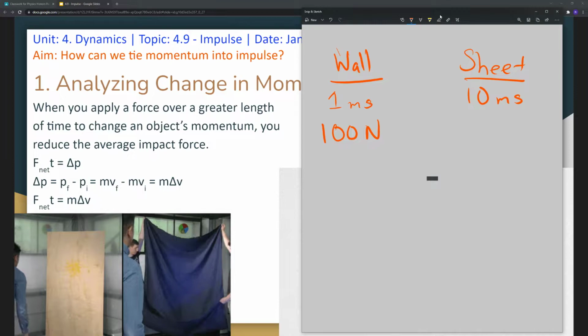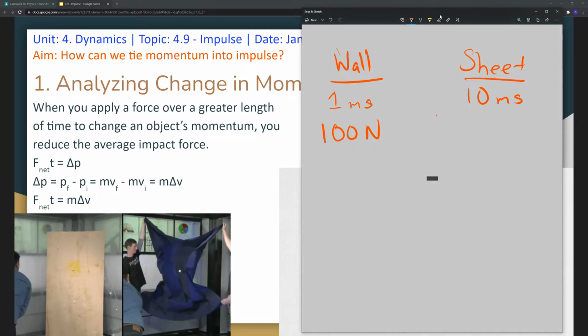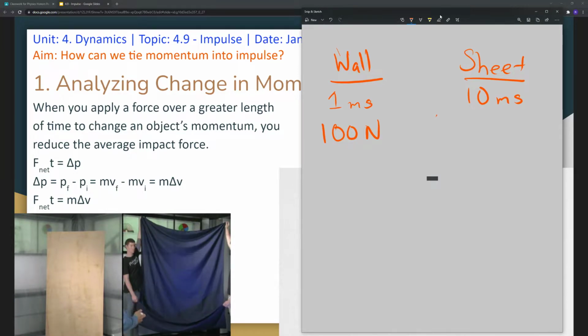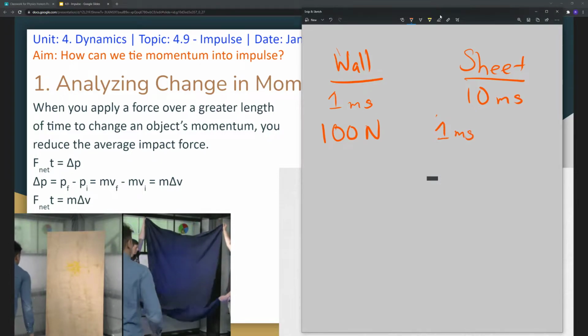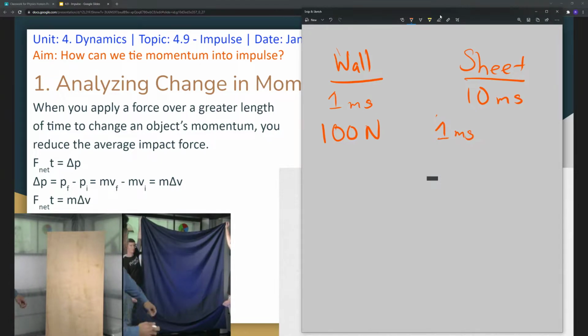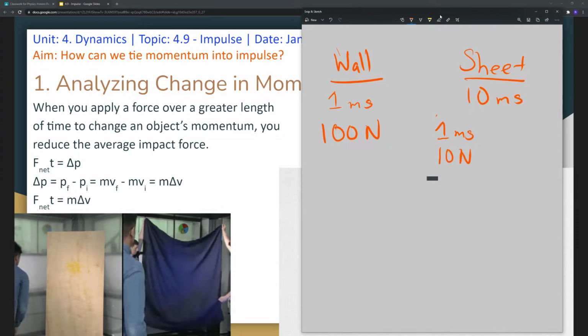Well, what happens at that point is that your force becomes spread out. So let's say for the first millisecond that the egg hits the sheet, you experience a force of 10 newtons.